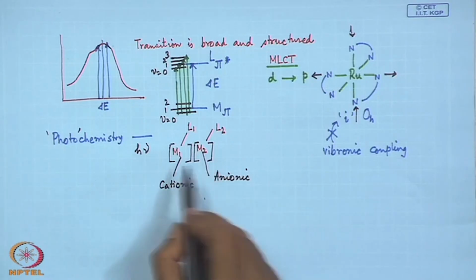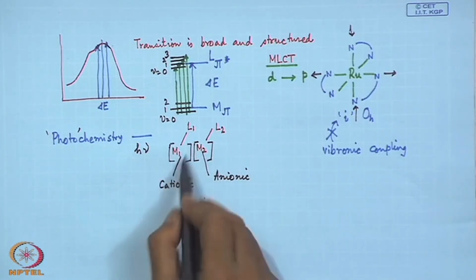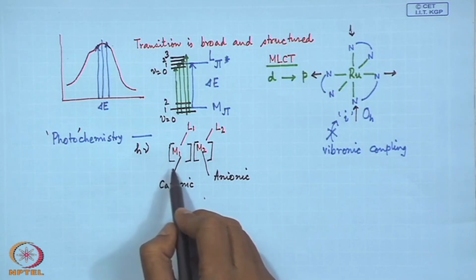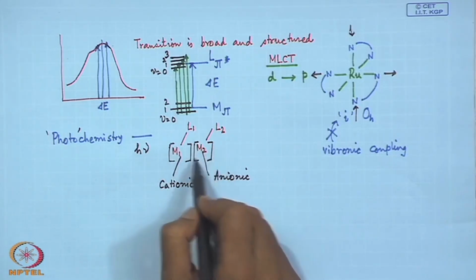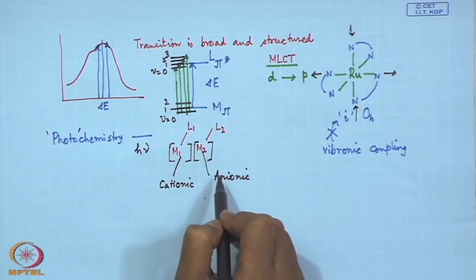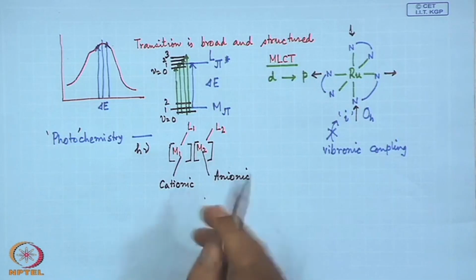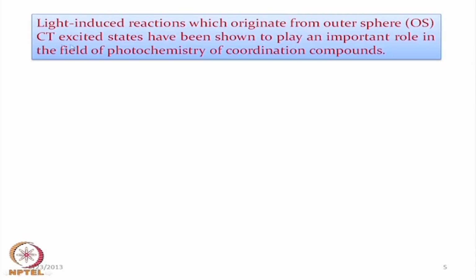So, if one particular system is behaving as a charge transfer species, the other can be of opposite type, then a complex type of charge transfer transition can take place when we have the corresponding outer sphere excited states.